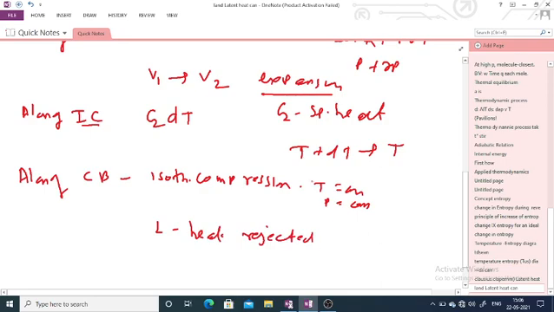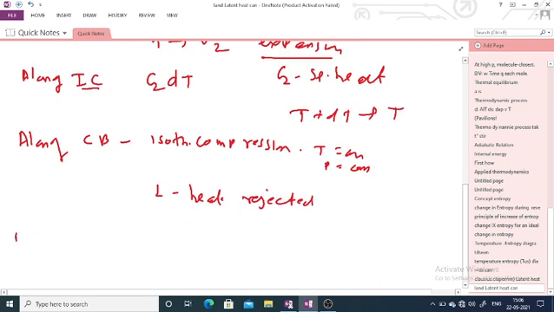And the last step, that is along the BH.